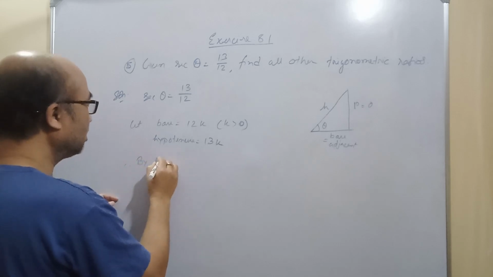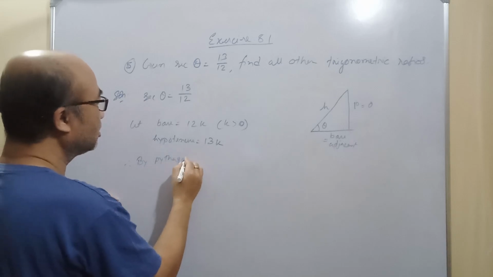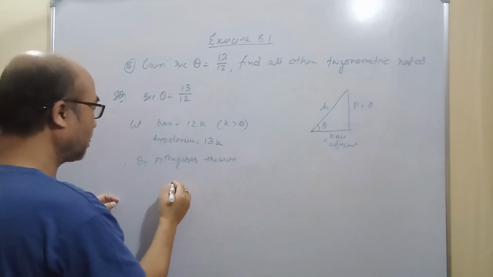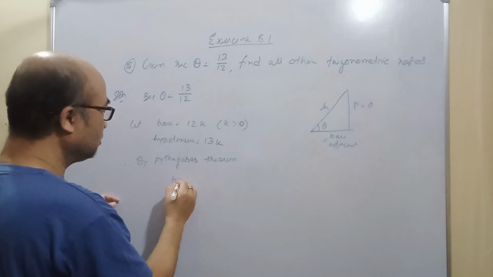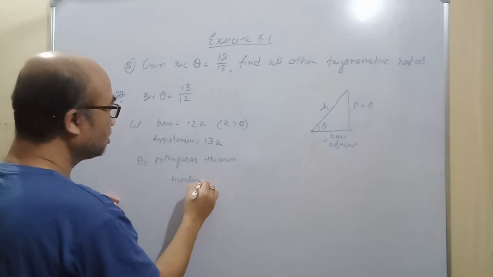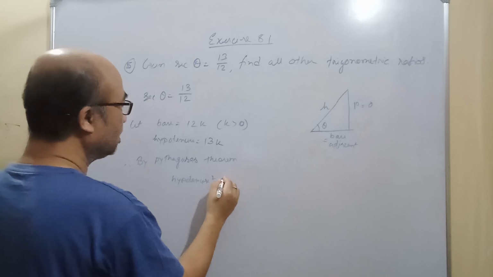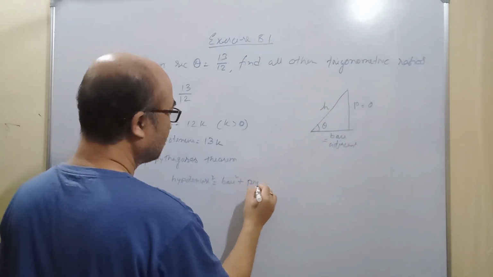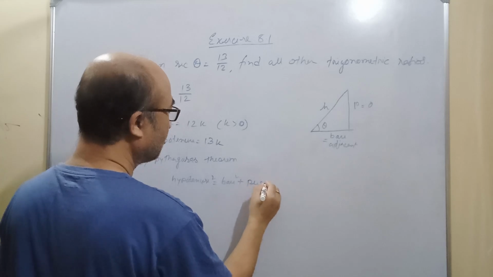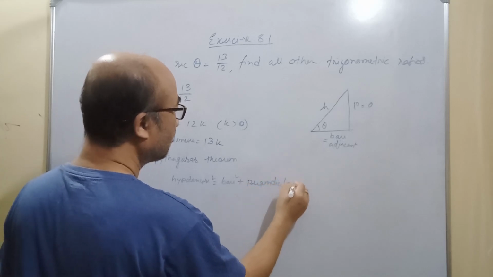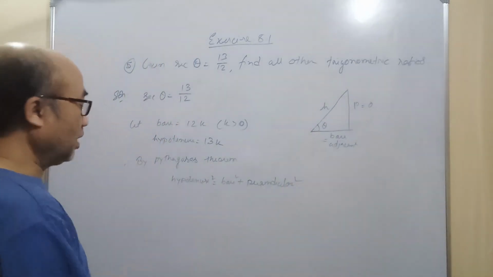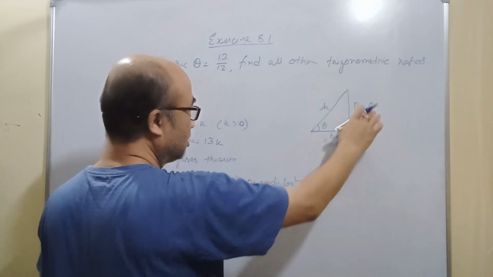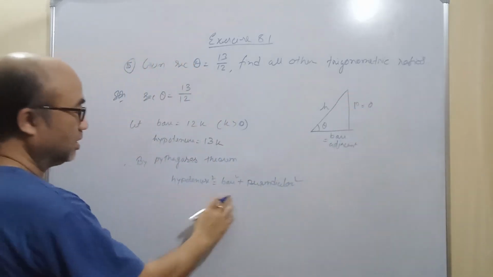Hence, by Pythagoras theorem, hypotenuse square is equal to base square plus perpendicular square, or adjacent square plus opposite square. That is Pythagoras theorem.